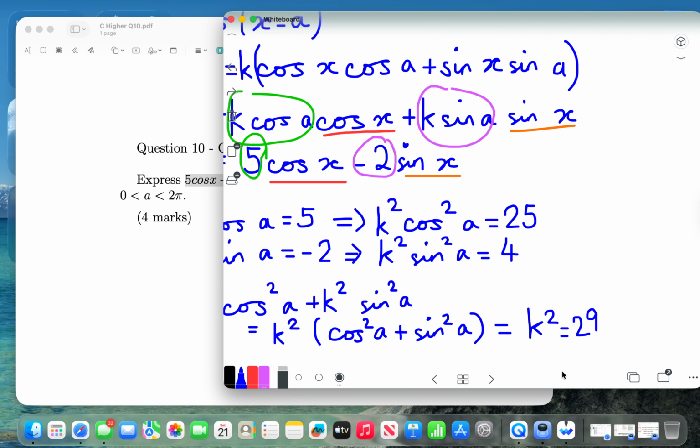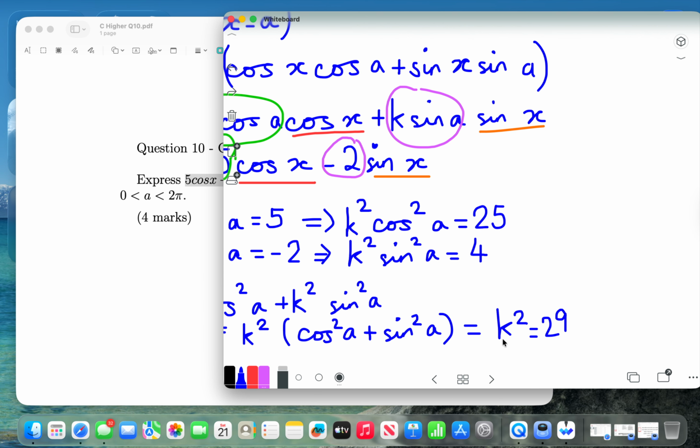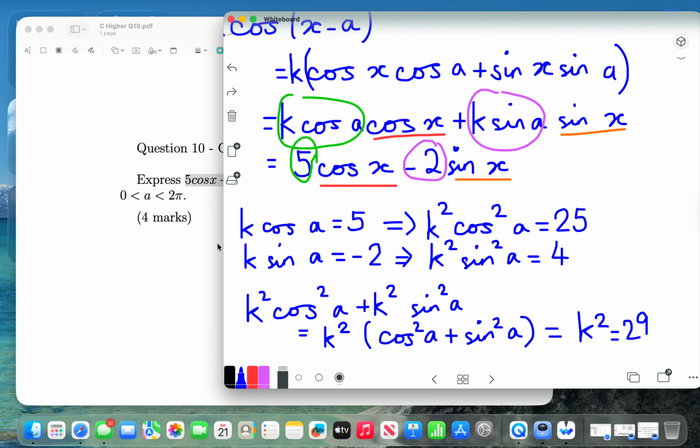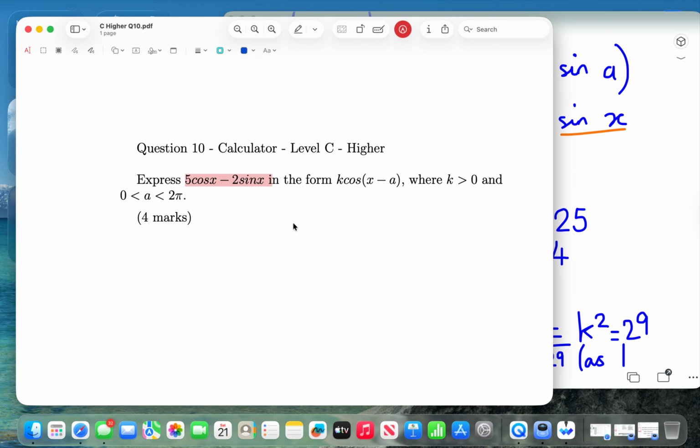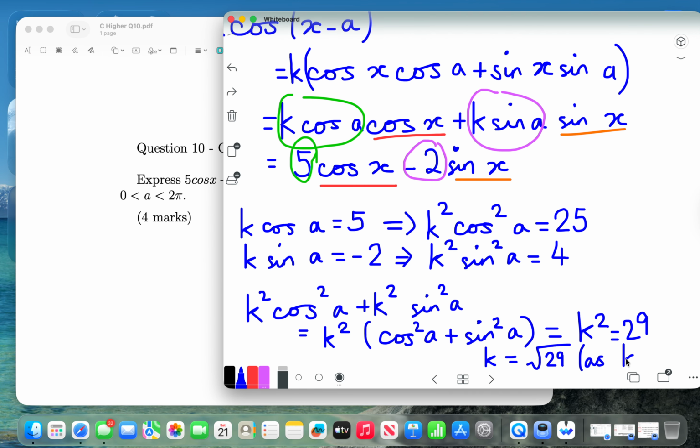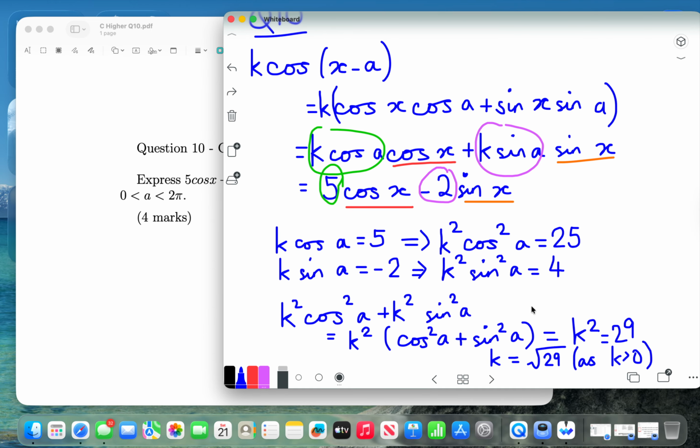But we're told that k has to be positive, so it's going to be the square root of 29. As k is greater than 0, we can just take the positive. And we've figured out k.